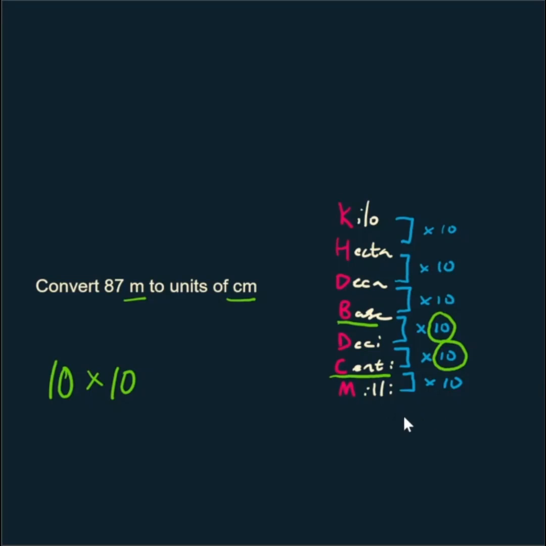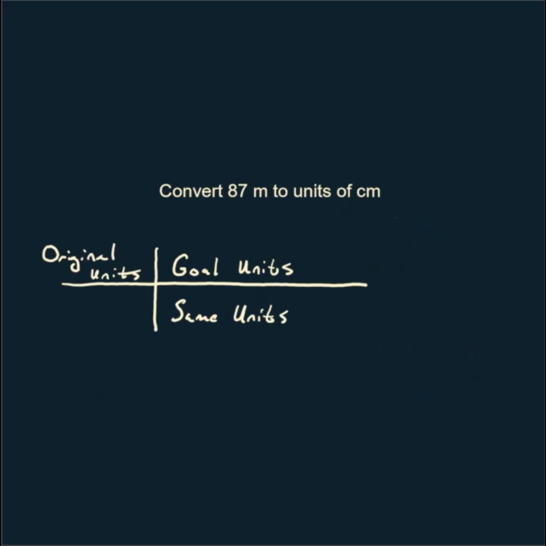Notice we are not multiplying 2 times 10, it's going to be 10 times 10. So this gets us 100, and our original units are 87 meters. The other side of the table will have the same units, meters, and our goal unit is centimeters.